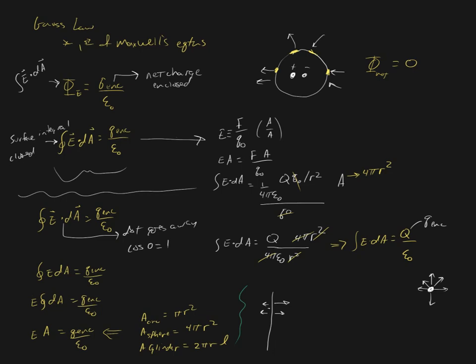What we're going to do is enclose it with a cube. If you enclose it with a cube, all of a sudden our situation becomes this. Put a cube around that wire, and now the electric field is only perpendicular at this location, and this location, and this location, and that location. Those are the only places where it's perpendicular.